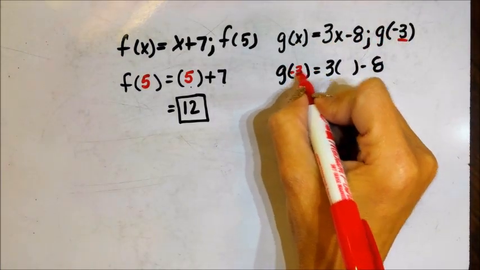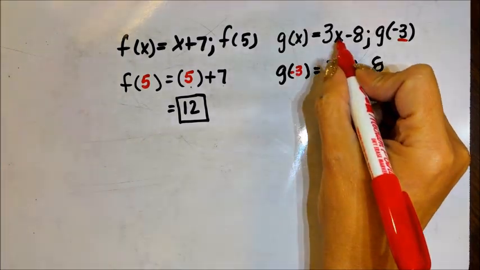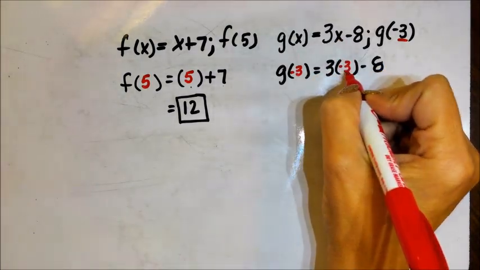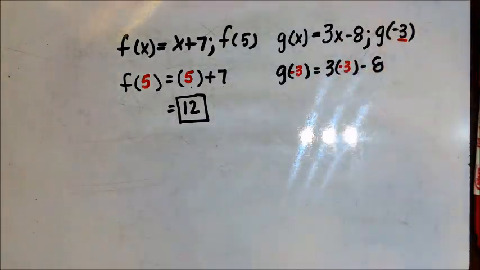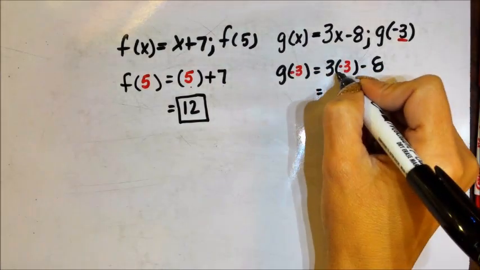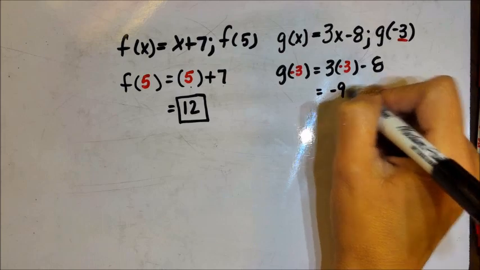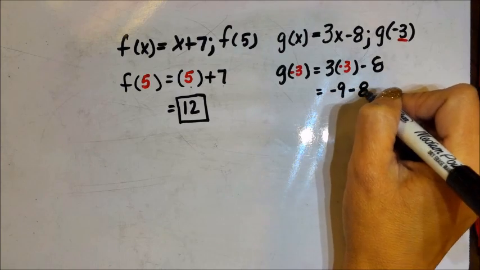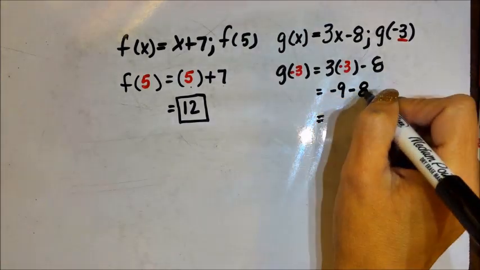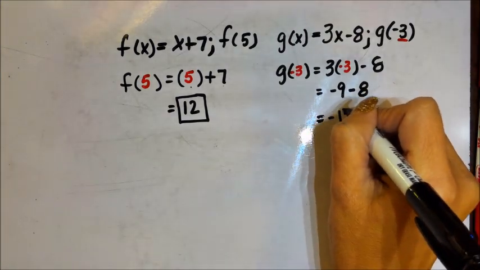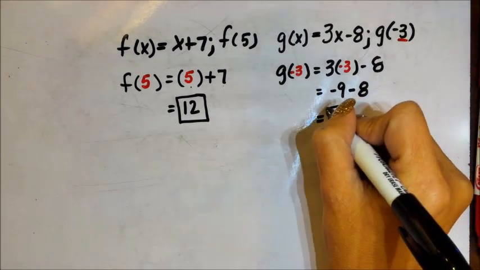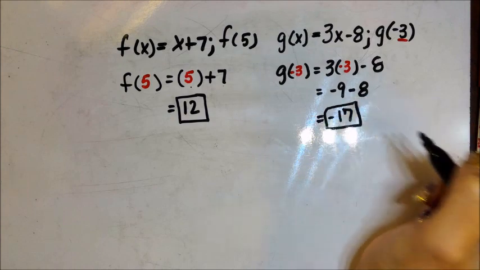So g of negative 3 equals 3, instead of x, I now have negative 3, minus 8. 3 times negative 3 is negative 9, minus 8. Negative 9 minus 8 is negative 17. And there is my answer.